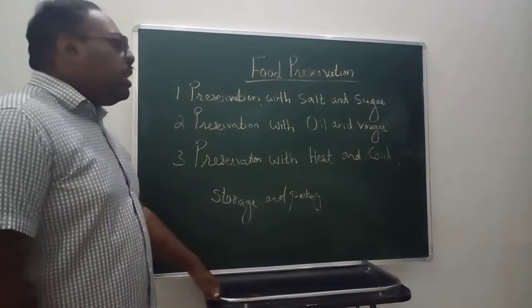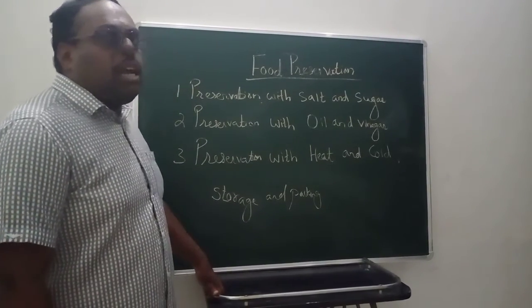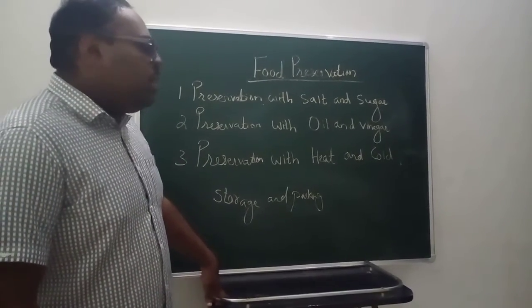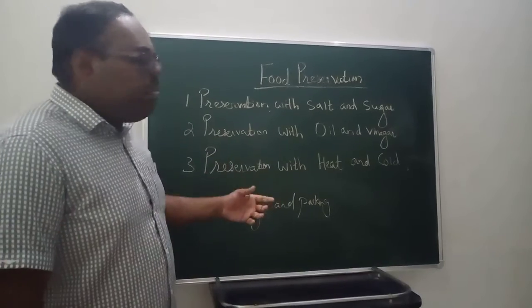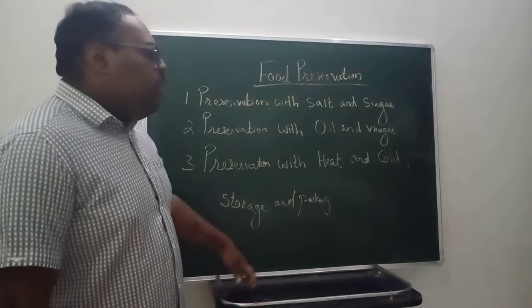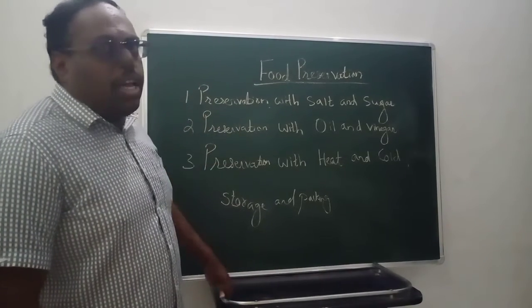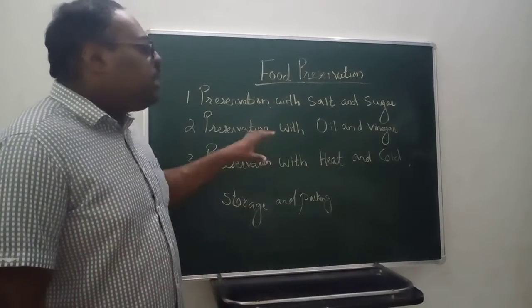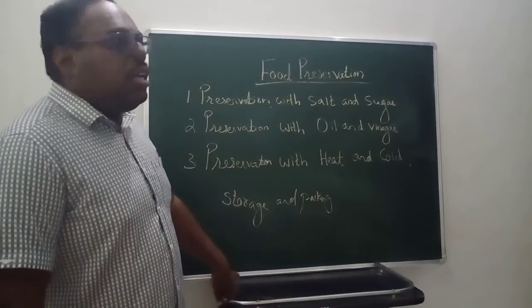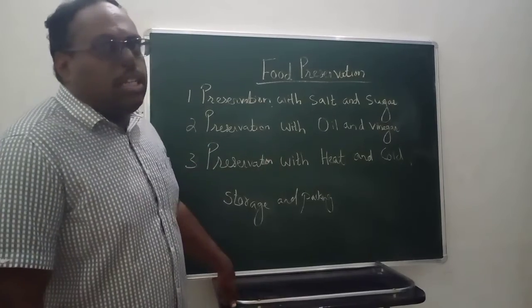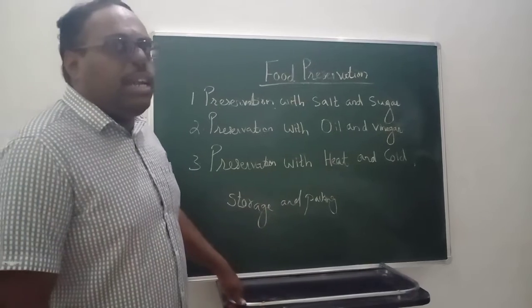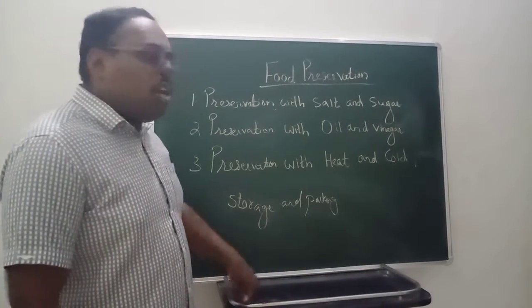For example, some food products say that they should be kept at a particular temperature, not heated and not cold. In the same way, some food products, if we want to preserve them for a longer time, have to be kept in cold conditions. For example, vegetables, whatever we get, we store inside the refrigerator for some time, so that the food will not perish and the nutrient content will also be preserved for a longer period of time.